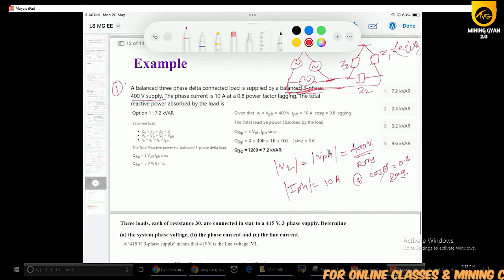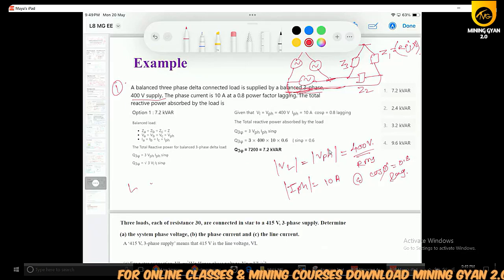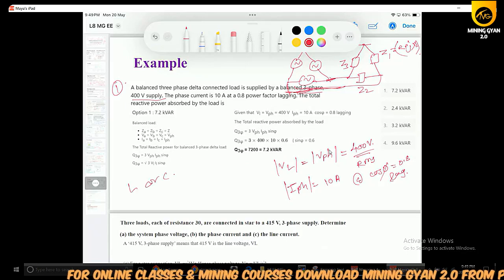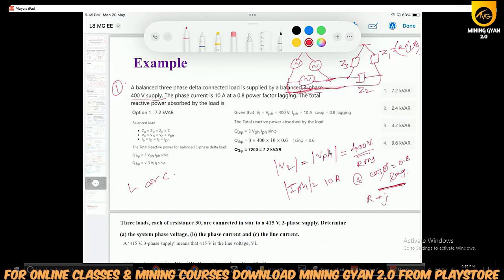The total reactive power absorbed by the load: reactive power will be absorbed by the reactive elements, which will be L or C. In this case, as it is of lagging nature, the inductive part will be there.